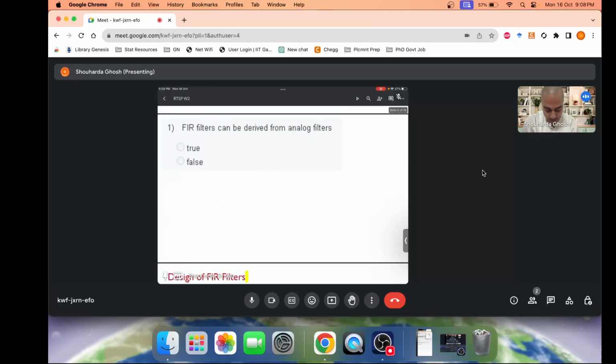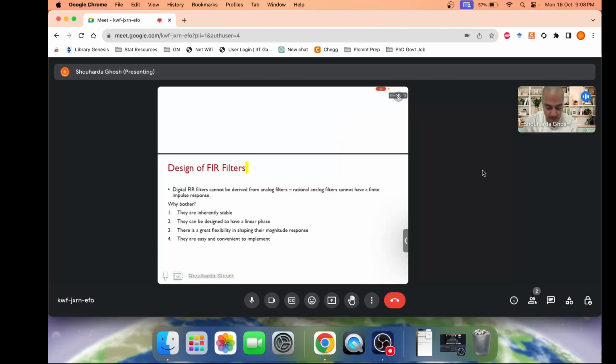We talked about FIR filter design. FIR filters can actually never be derived from the analog filters, because analog filters are inherently IIR systems. You give an input to them, but then their output will never stop. They will keep on decaying, like an exponential curve, like an RC filter's impulse response.